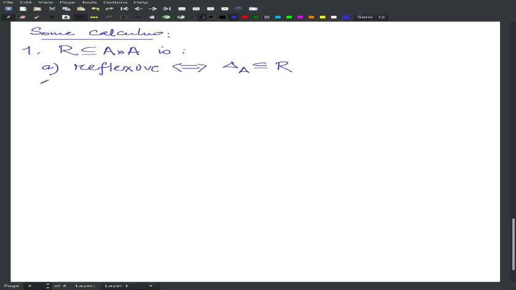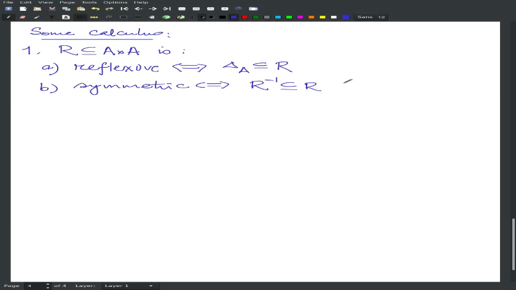So it is symmetric if and only if, although we write it like this, it turns out that both are the same.